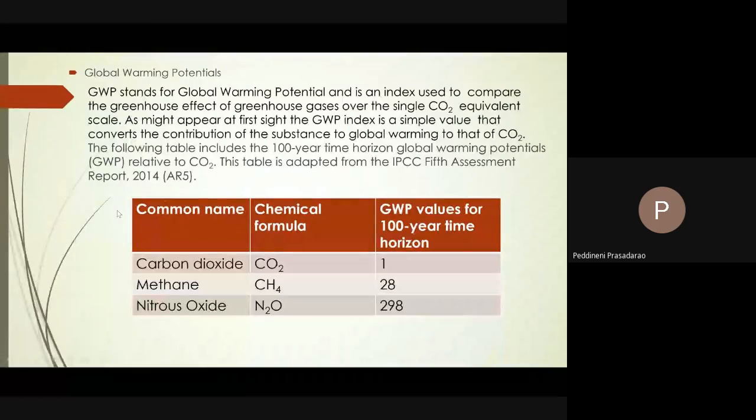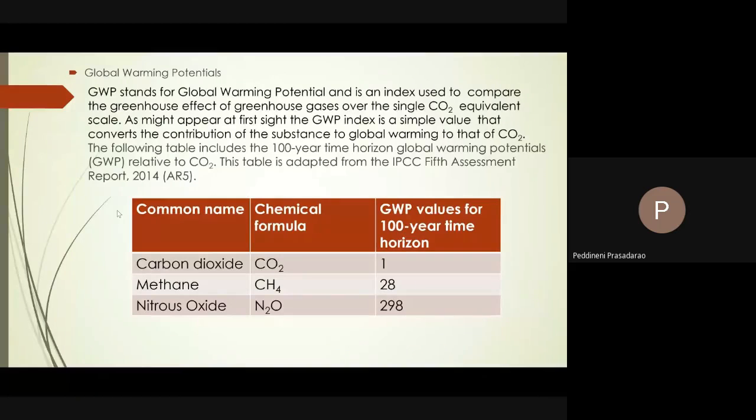When you look at greenhouse global warming, we are seeing different molecules. Carbon dioxide is there, methane is there, nitrous oxide is there, and of course freons are there. Then SF6 is there. So many things are there.